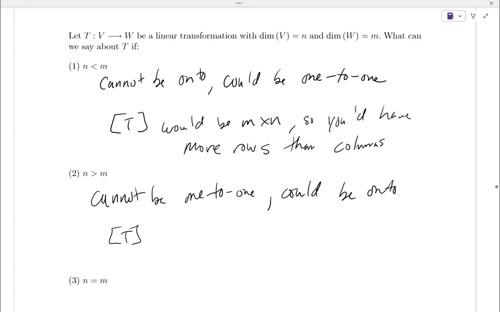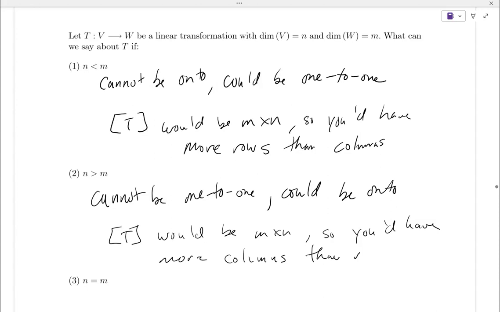Again, your matrix would be m by n. In this case, you'd have more columns than rows. And if you have more columns than rows, you can't get a pivot in every column.